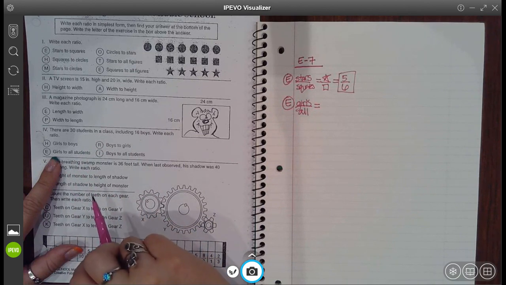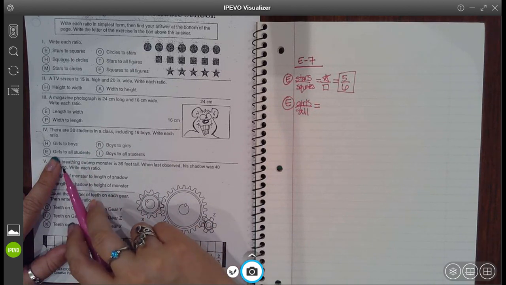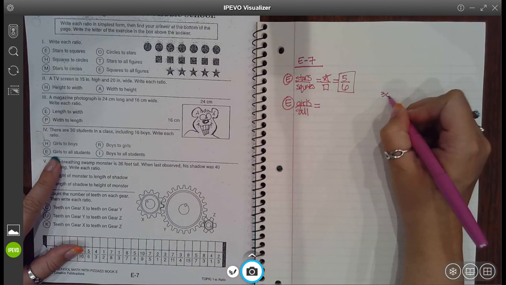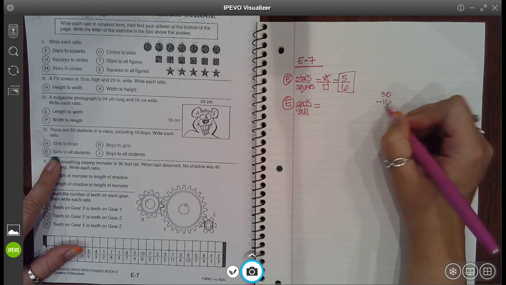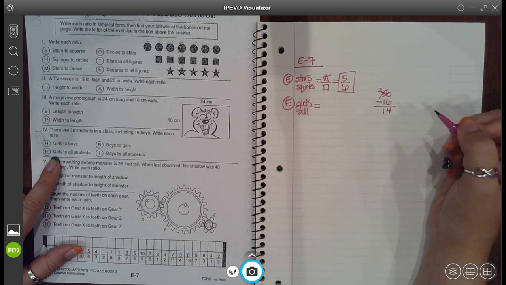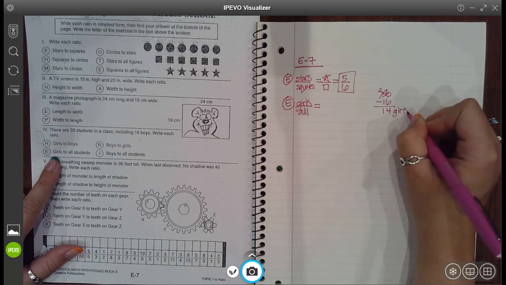Write each ratio. It didn't tell me anything about the girls. How do I figure that out? Well, if there's 30 in the class and 16 of them are boys, that means that the remainder are girls. So there are 14 girls.